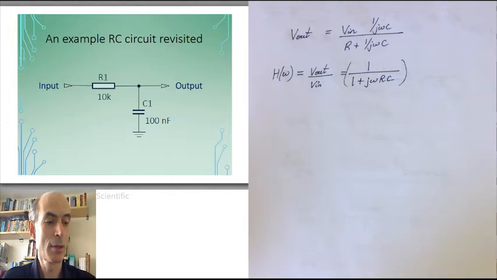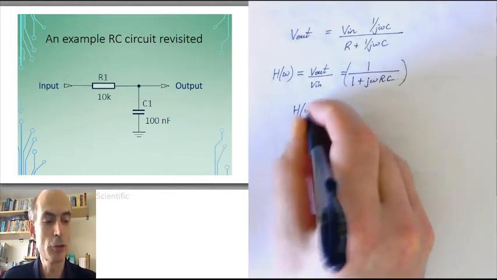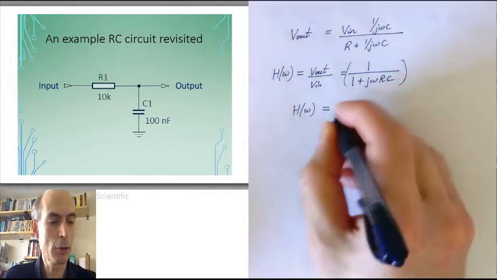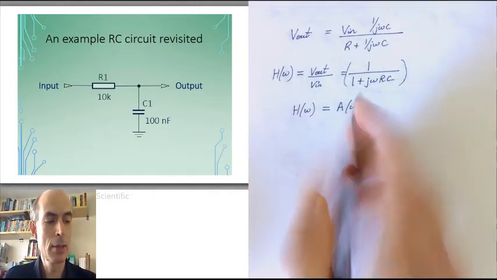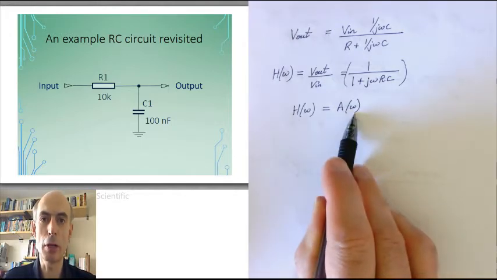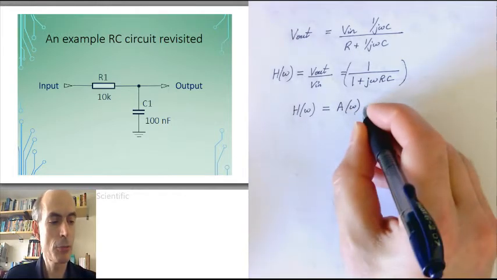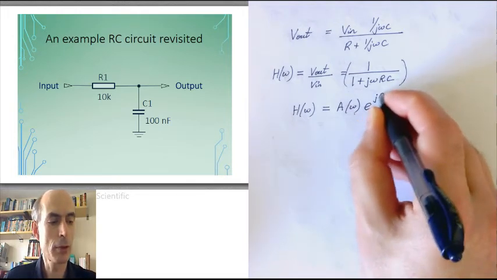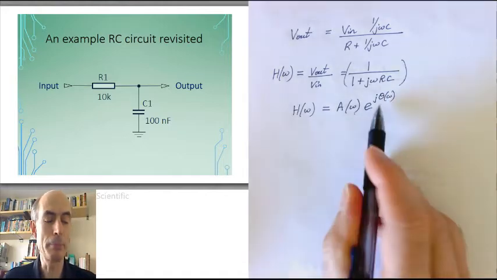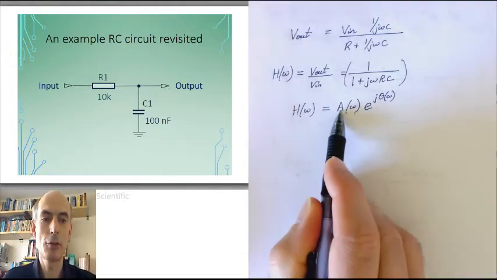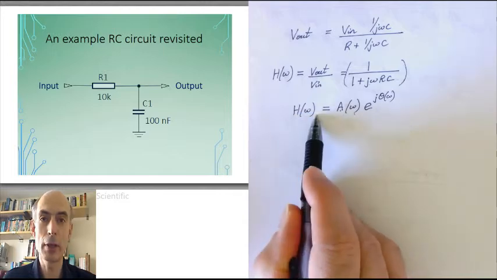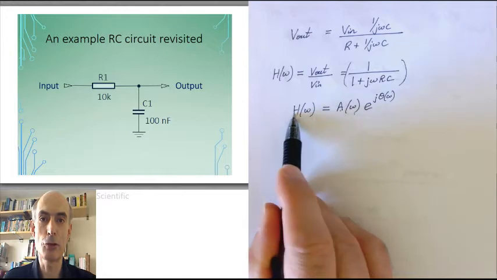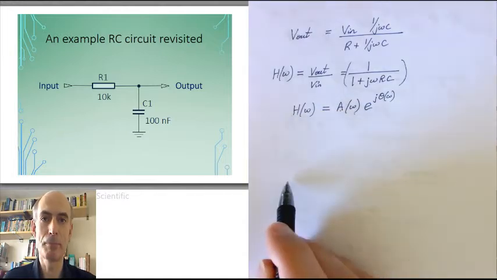I could write H of omega in the general case as an amplitude response, I'll call it A of omega, and that's going to be a real function, times e to the power of j, and then a phase response, I'll call it theta, a function of omega, so that A is the magnitude of H of omega at any particular frequency, and theta is the phase angle of H of omega at any particular frequency.